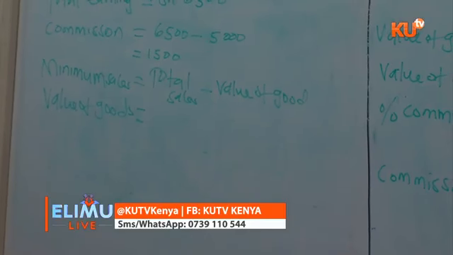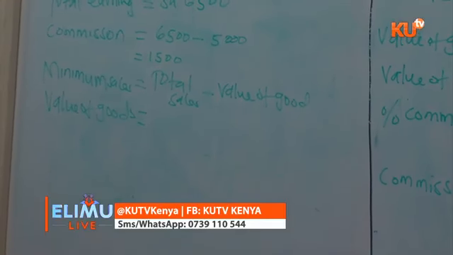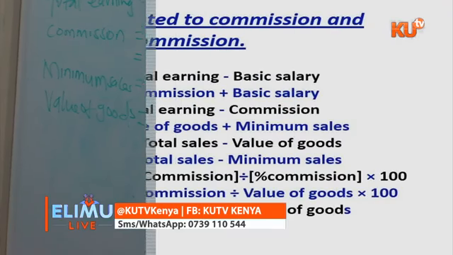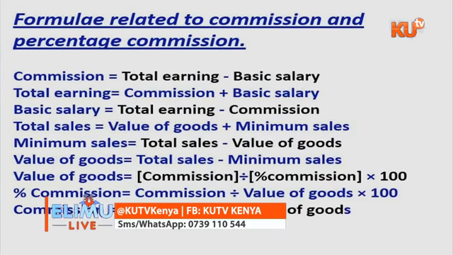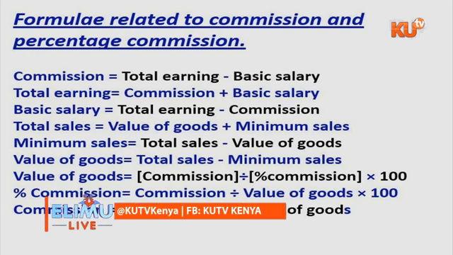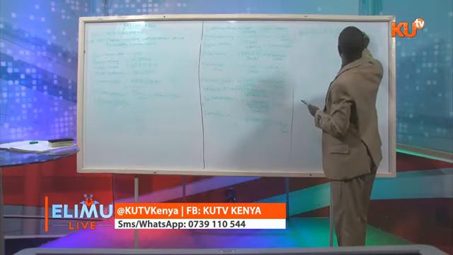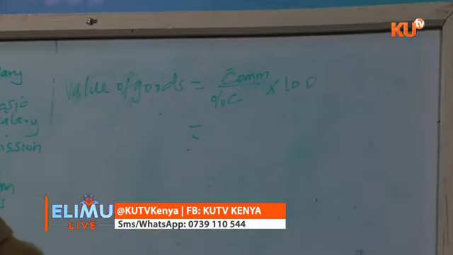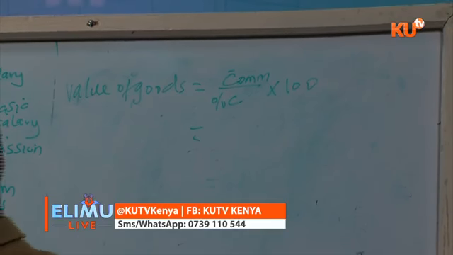Let me do it this side. Value of goods, now, when you are given a percentage and the commission, is equal to commission divided by percentage commission times 100. That is the formula. It's here.